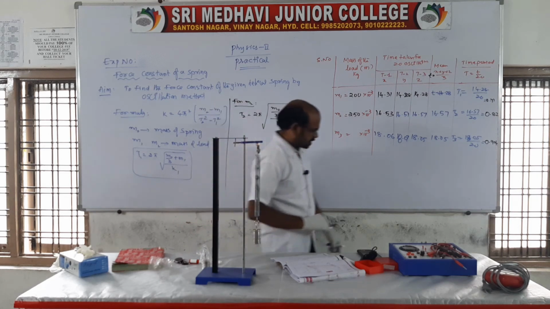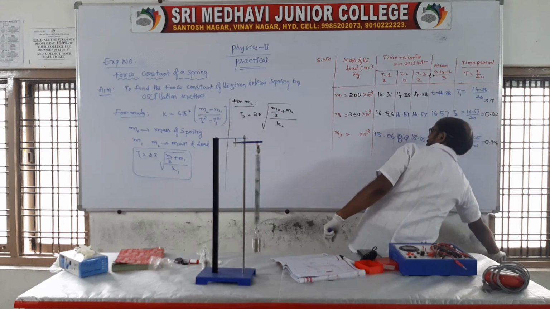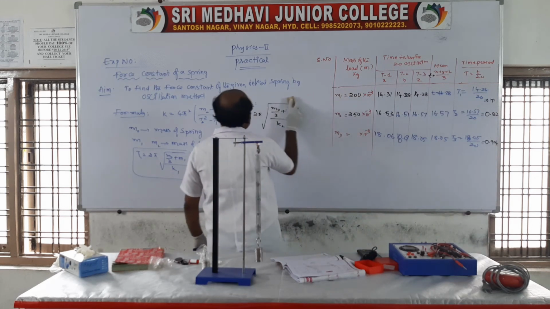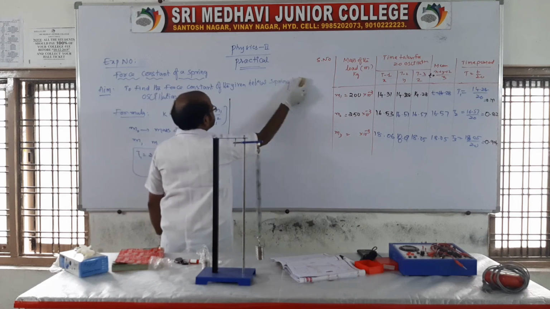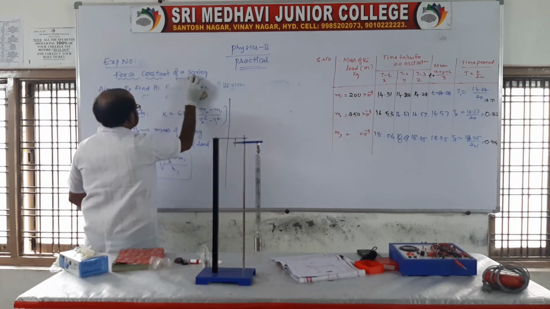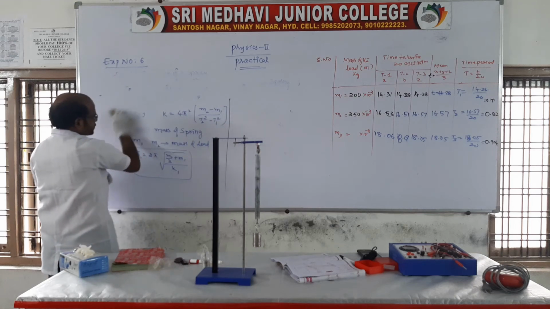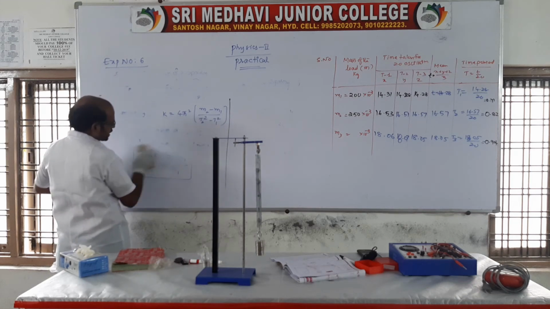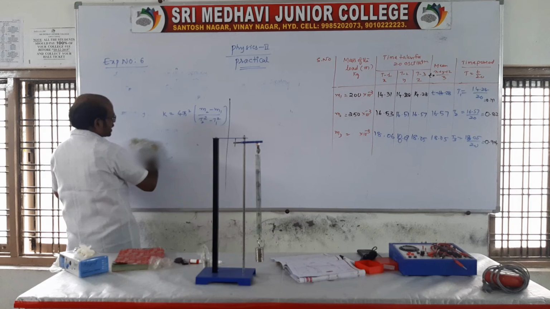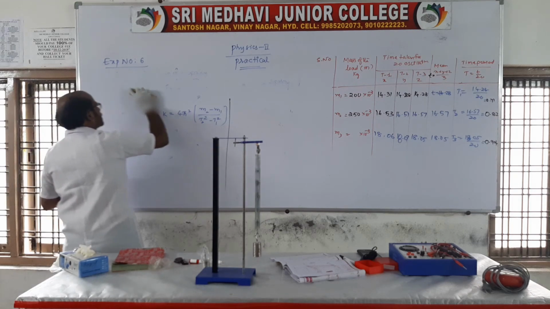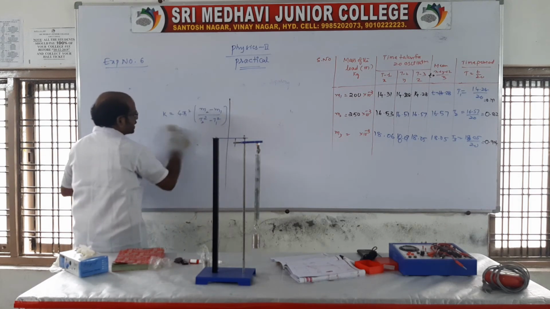So we can do the calculation using this, with T1, T2, T3, because it is asking for the spring constant. For the first one I am calling it K1. After getting K1, K2, K3, you add K1, K2, K3 and divide by 3, because we are taking 3 readings.